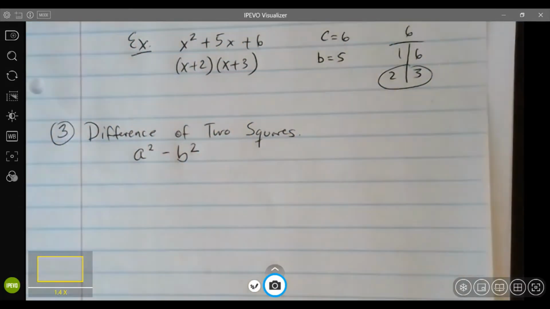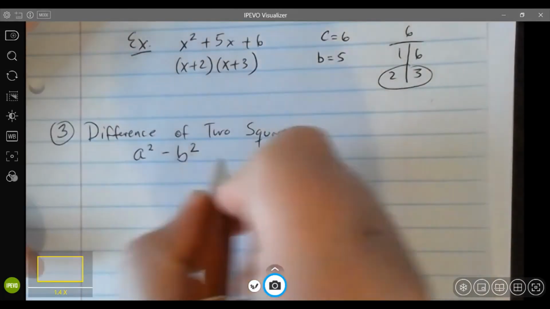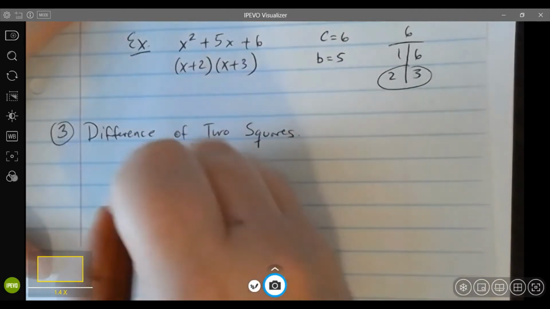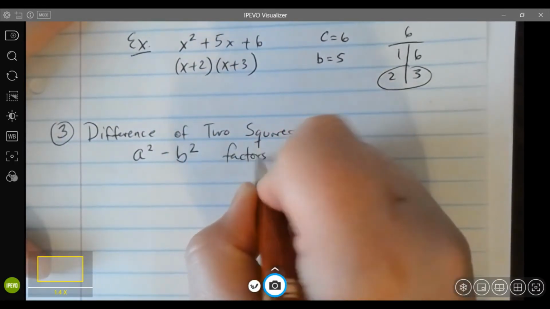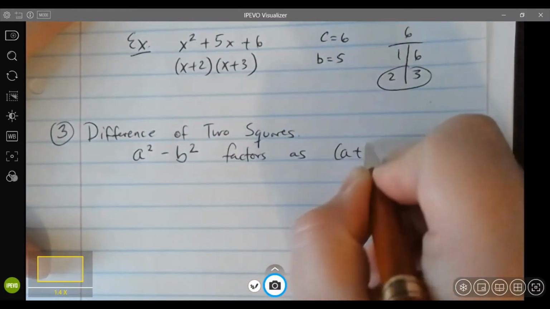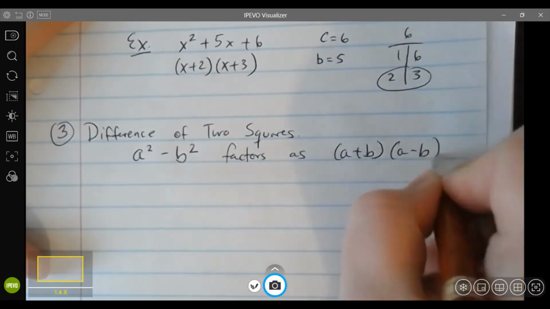Oftentimes the a is going to be x. So if you see x squared minus a number that's a perfect square, then you have a difference of 2 squares. So a squared minus b squared factors as (a plus b) times (a minus b).